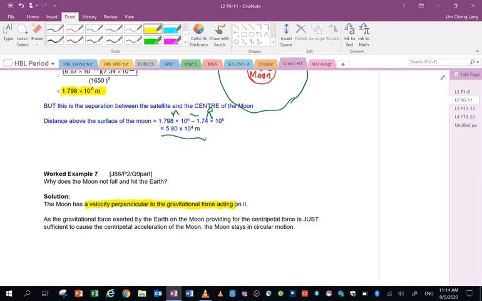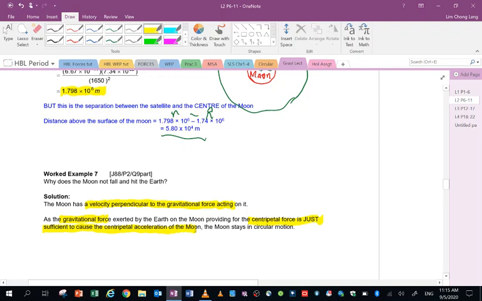Another important point you have to tell the examiner is that the gravitational force exerted by the Earth on the Moon provides the centripetal force that is just sufficient to cause the centripetal acceleration of the Moon. So these 2 points are essential.